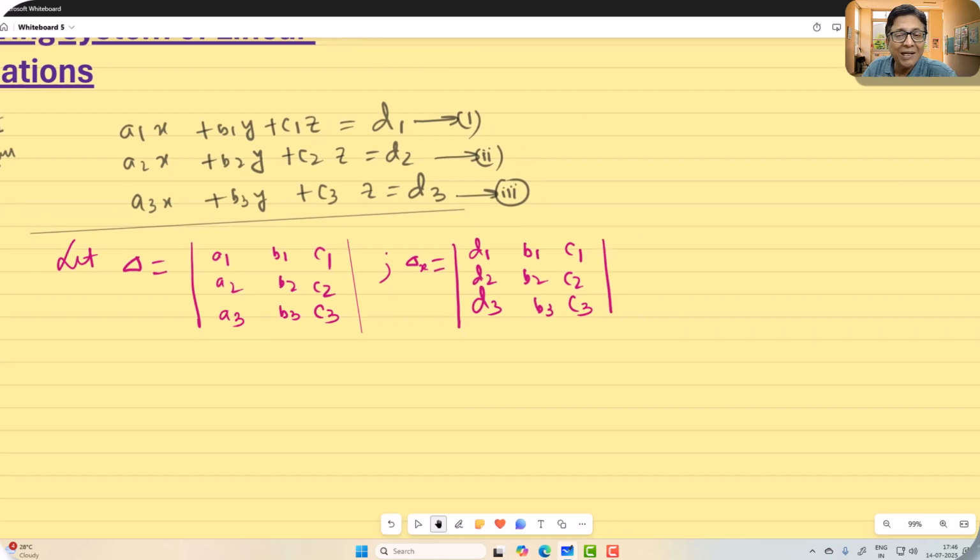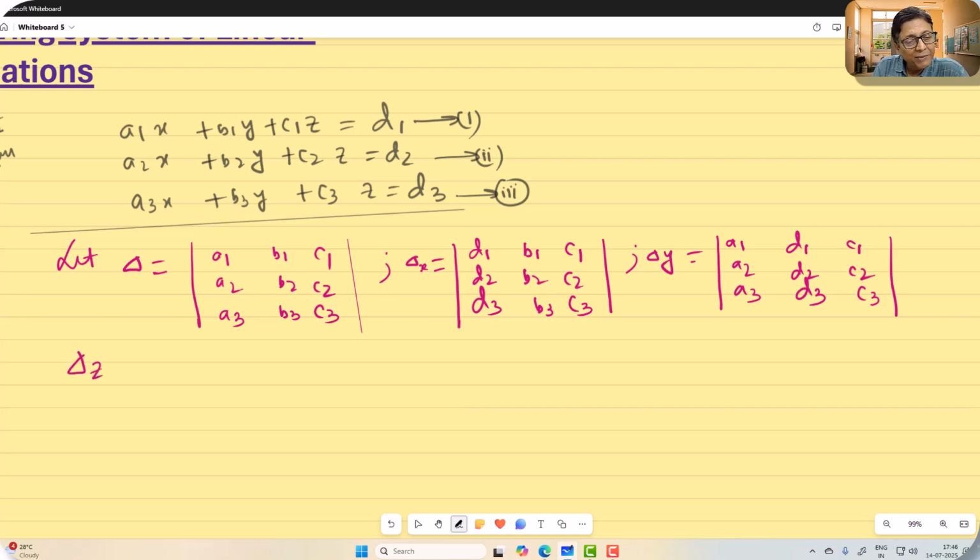Solution means we have to get x, y, z. Now delta y: for delta y you replace the second column by d1, d2, d3, keeping a1, a2, a3 and c1, c2, c3.